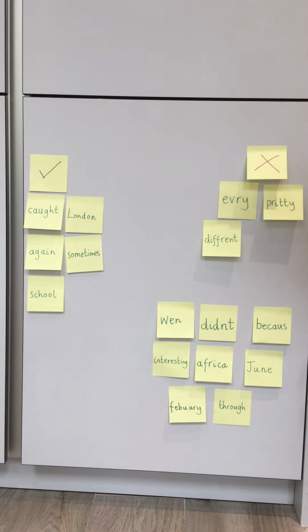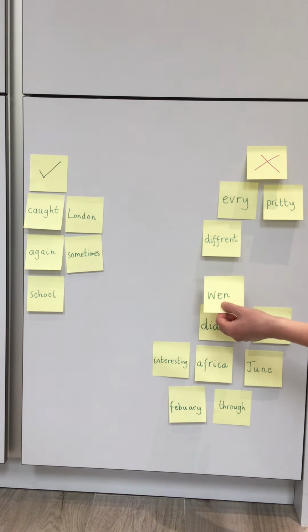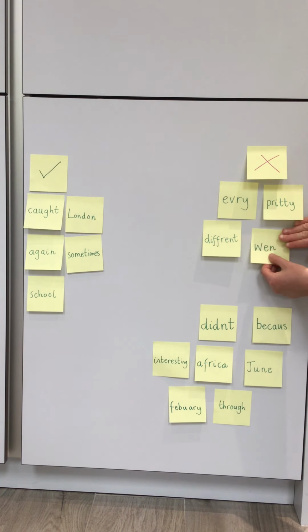Okay. This one here says when, and if you're a good speller, you'll know that when has a silent H in it. So this is not correct. It should be W-H-E-N. I'm going to pop that there. This one here is didn't. Now, this was a bit of a trick one because it's got all the right letters in the right order, but it's still missing something to make it correct.